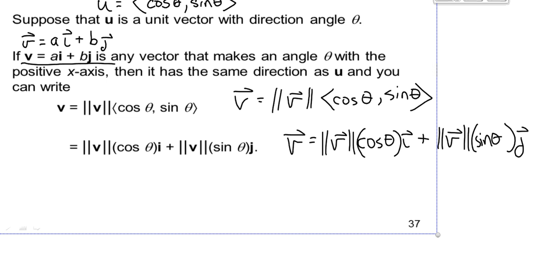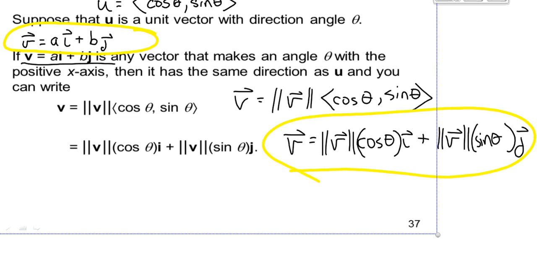And so that gives us the pieces of this. I'm going to remind you, and I'm going to do some color coding here, that this version right here, I'll use yellow, is just vector v, plain old linear combination, correct? And this is also vector v in linear combination. Do you agree?